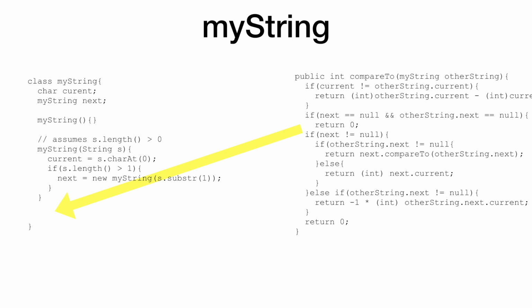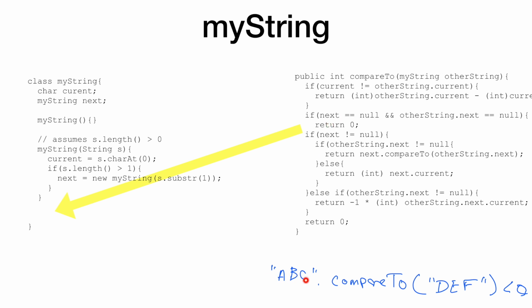Because usually we write something like A, B, C dot compare to, and again, I'm abusing a little bit of notation, D, E, F, right? And that's going to be less than 0. Because ABC comes first. So that's what we're trying to do up here.